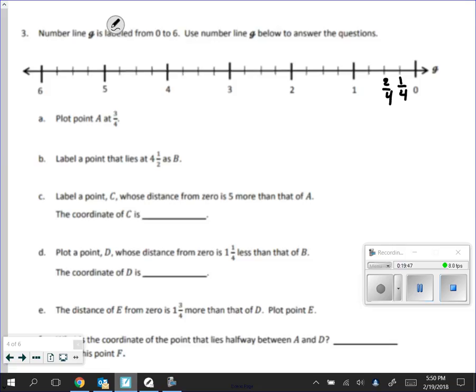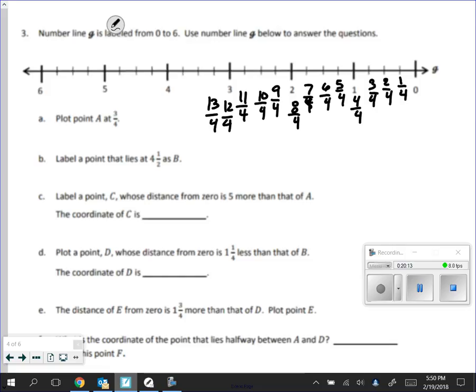1/4, 2/4, 3/4, 4/4, 5/4, 6/4, oops, 7/4, 8/4, 9/4, 10/4, 11/4, 12/4.